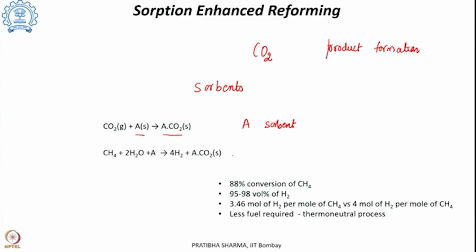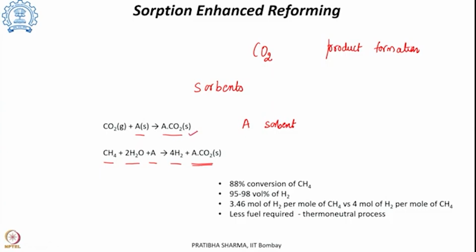Now, in the presence of carbon dioxide sorbents, the entire steam reforming process looks like methane feedstock reacting with the oxidant steam in the presence of a carbon dioxide sorbent to give hydrogen and the sorbent product which is formed on reacting with the carbon dioxide.